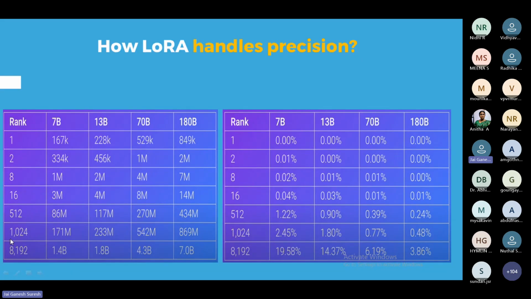This is the maximum rank I have tried, because as the rank increases, your model complexity increases. It will eat GPU capacity, and there will be a lot of issues around it. So this is about 2.45 percent of the model parameters I'm fine tuning on top of it here.